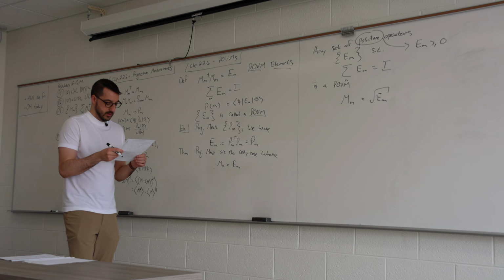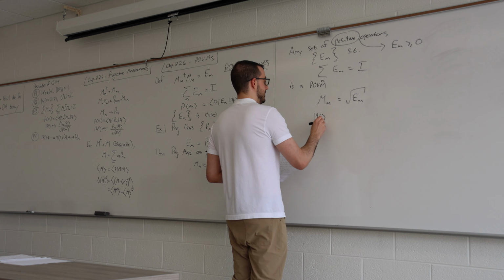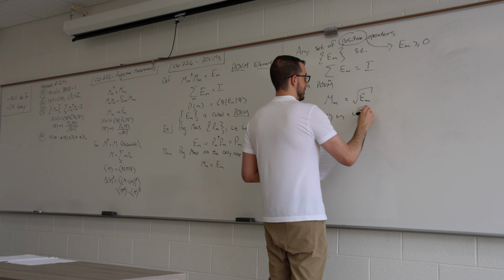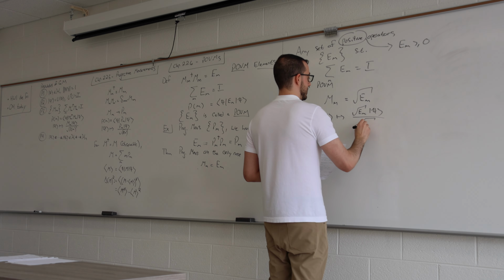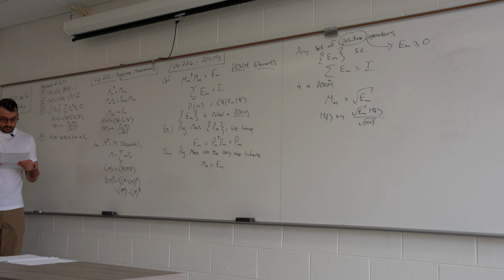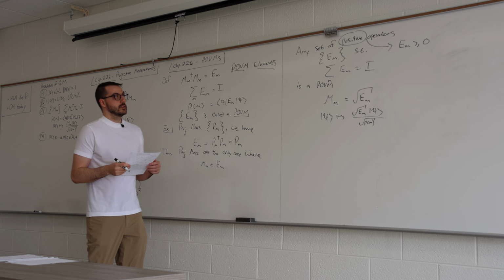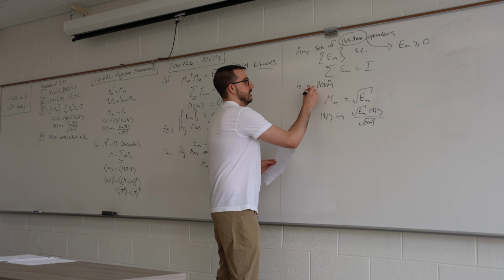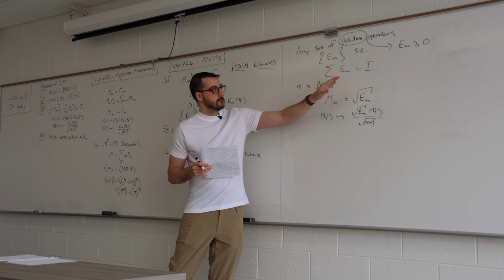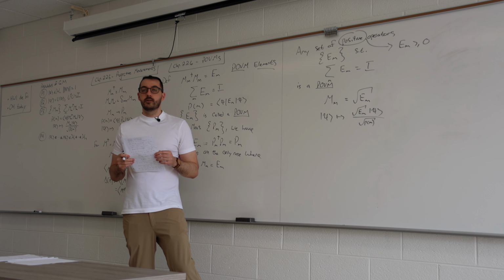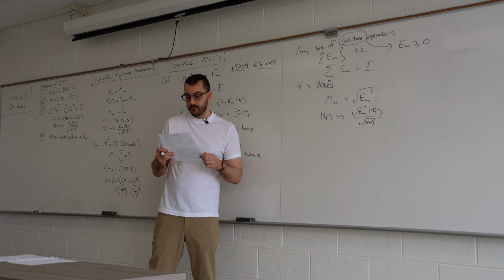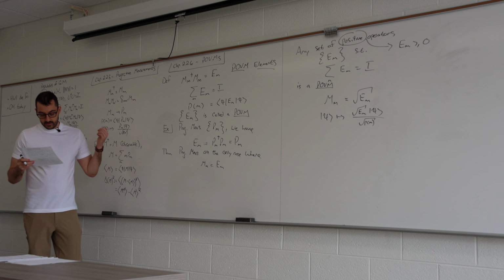So psi after the measurement gets mapped to the square root of E sub m times psi, over the square root of the probability of getting that measurement outcome. So take this as your formal definition of a POVM. Any set of positive operators such that the completeness equation is satisfied will define a valid quantum measurement for us. And all we have to do is take the square root of E sub m to recover the measurement operator that you see in the third postulate.